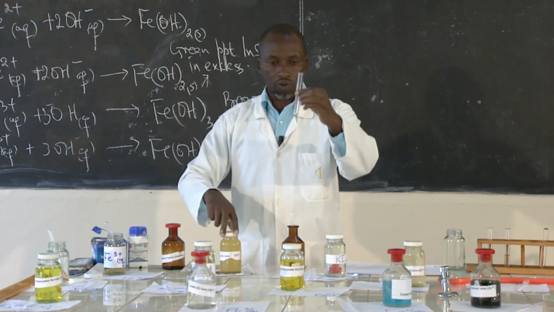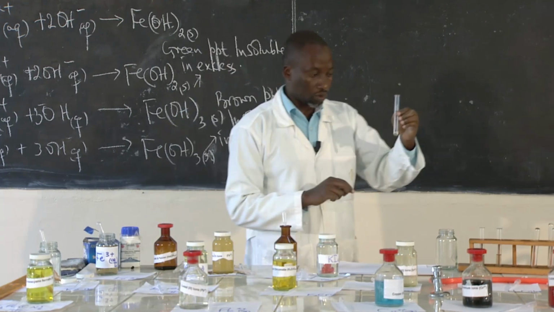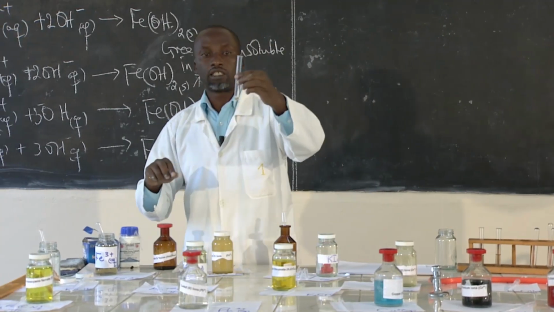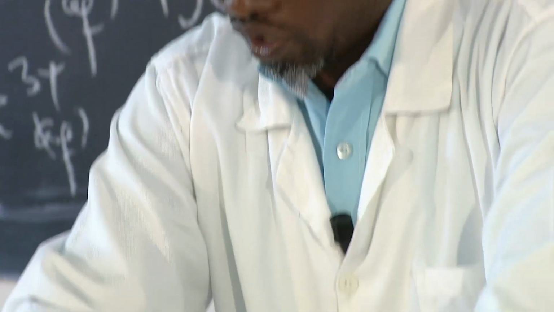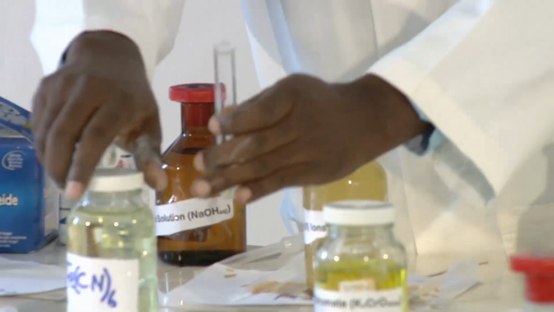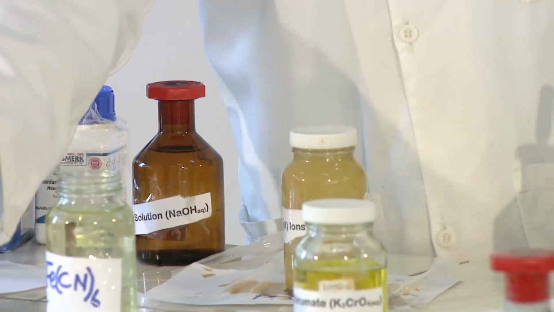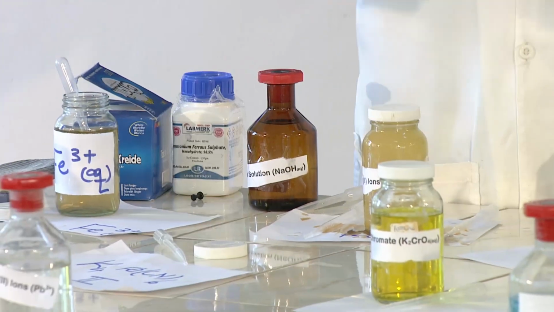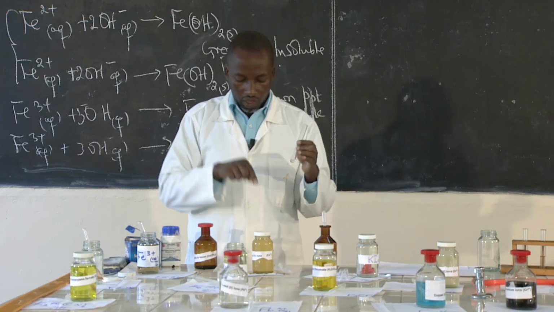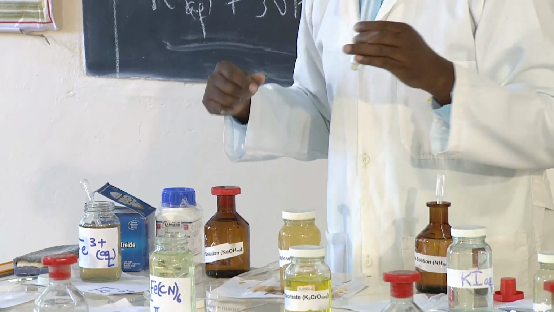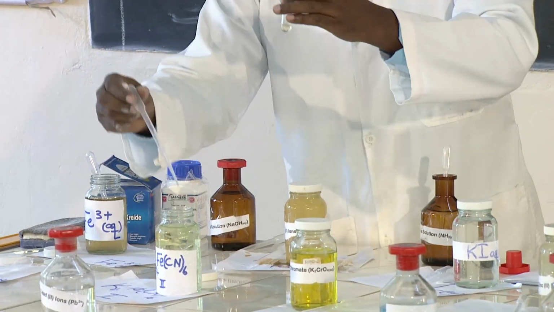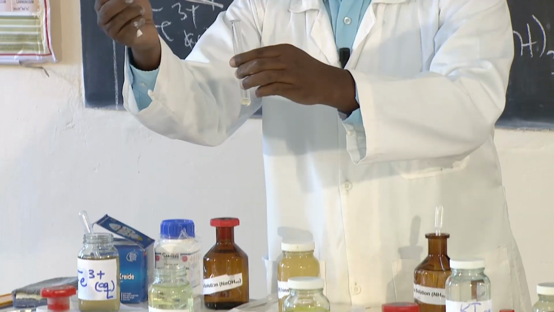If I forget to cross, please remind me. I can also cross because I may forget. So this is some few drops of iron 2. Then we are just going to add potassium hexacyanoferrate 2. Iron 2 with potassium hexacyanoferrate 2. Let's see what happens.